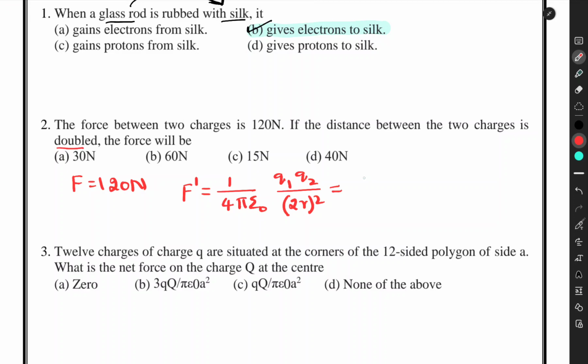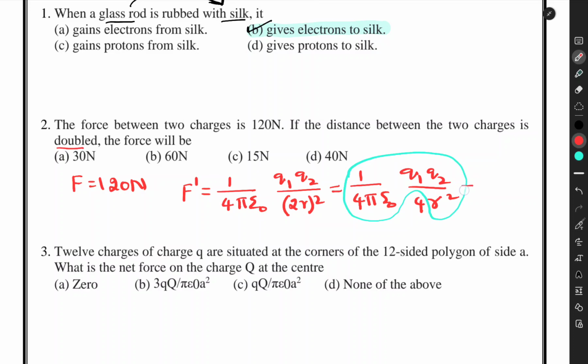So that is equal to 1 divided by 4 pi epsilon naught q1 q2 divided by 4r square. Now this part is called Coulomb's force, F.